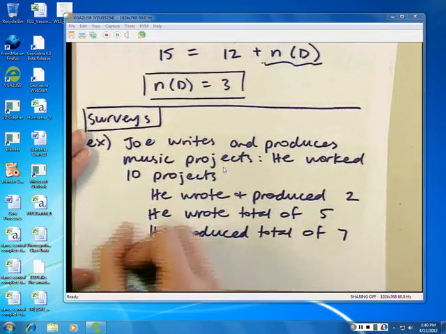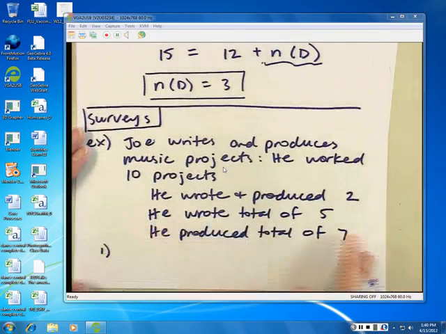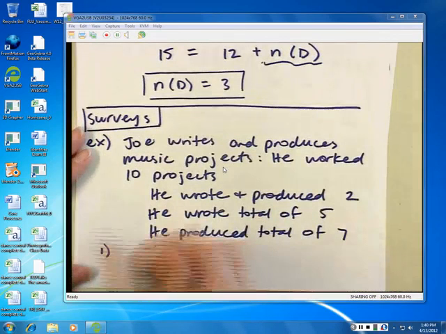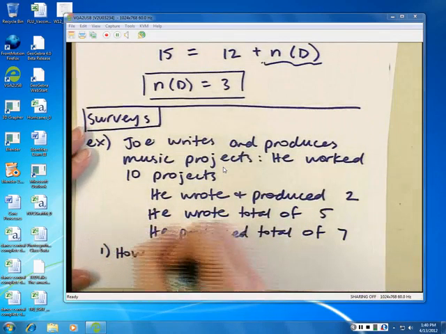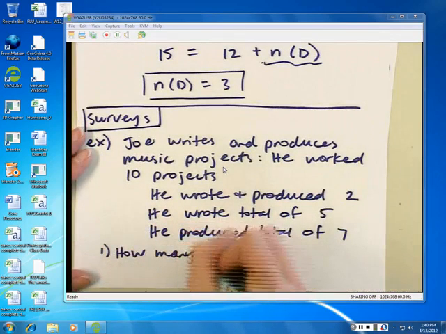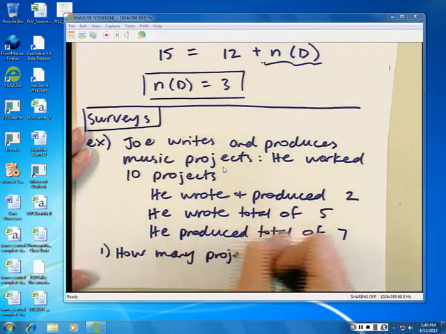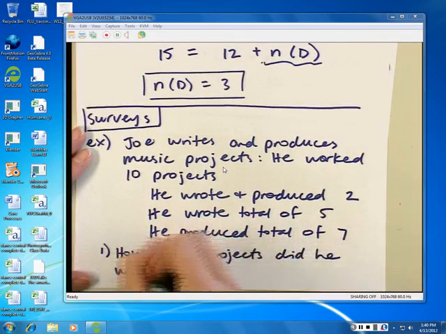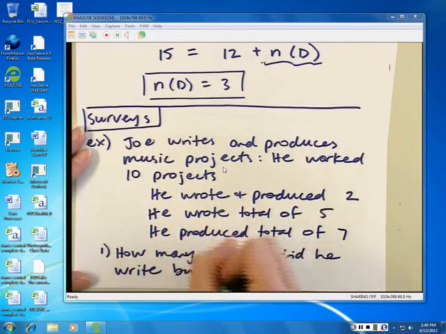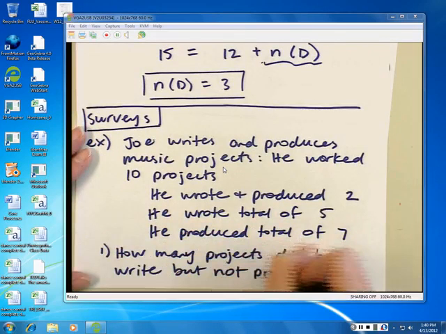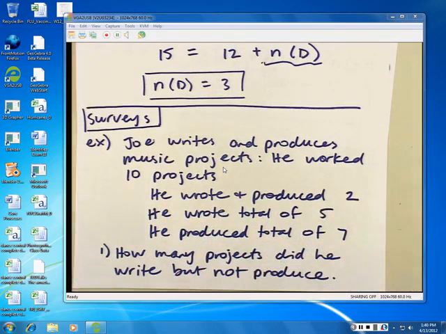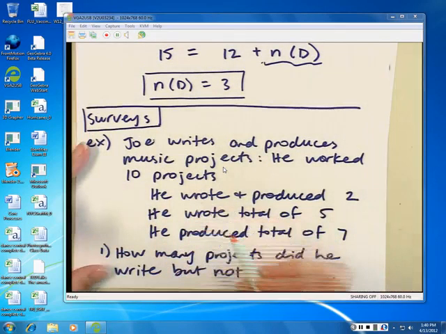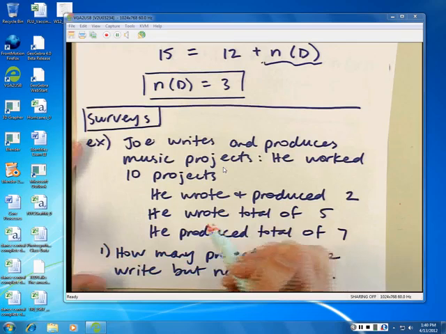I'm going to actually pose the questions here so you can see how we want to proceed. The first one is, how many projects did he write but not produce? We are going to solve this with a Venn diagram. It's the easiest way. As I'm solving this with a Venn diagram, I notice that we've got 2 different sets or 2 different scenarios here.